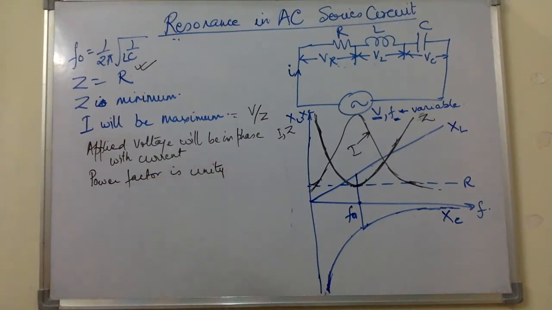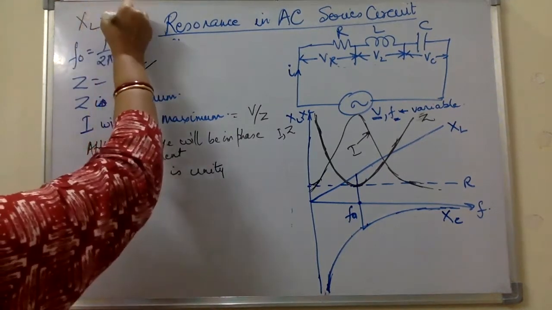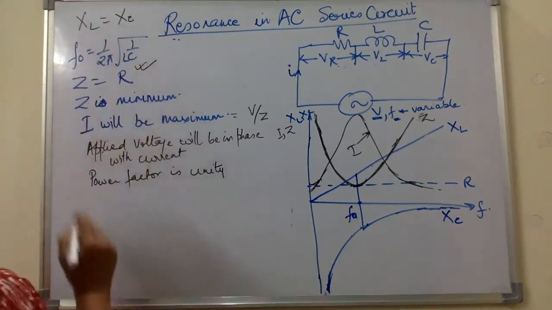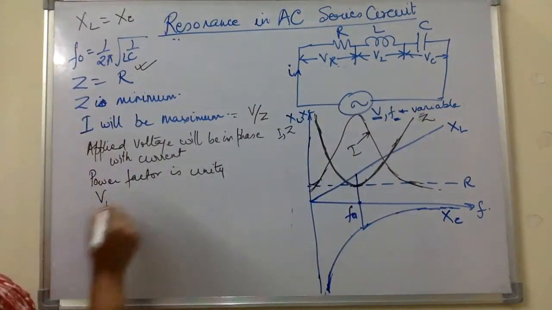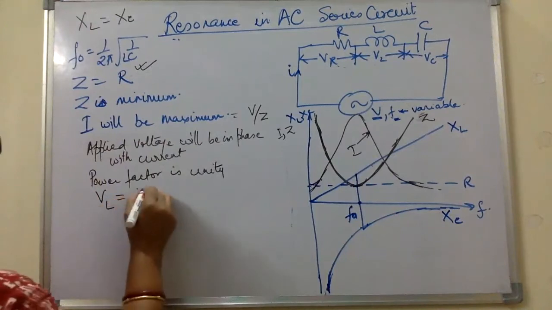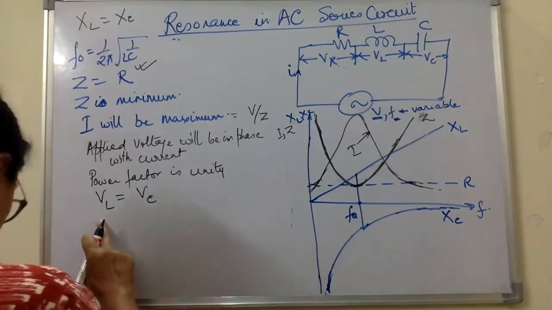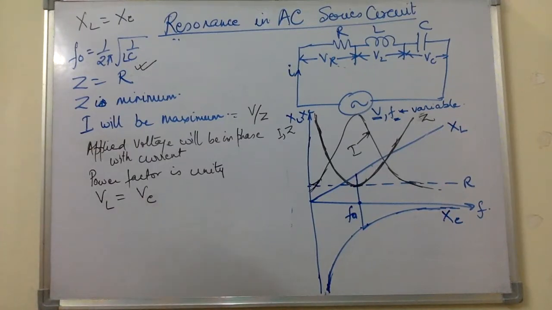Now, because at resonance we started with the equation XL is equal to XC, if the two reactances are equal, the current is the same through the circuit, so the voltage across the inductance will be equal to the voltage across the capacitance. But this voltage across the inductance and the capacitance will be much greater than the supply voltage.